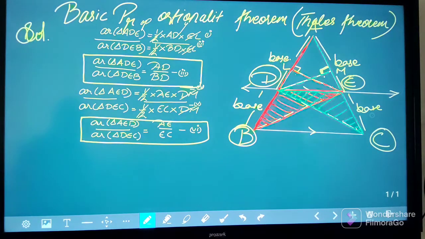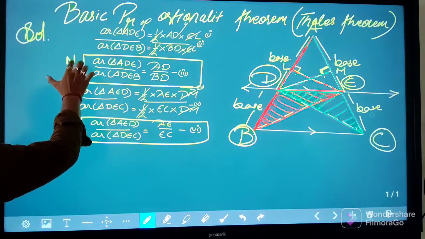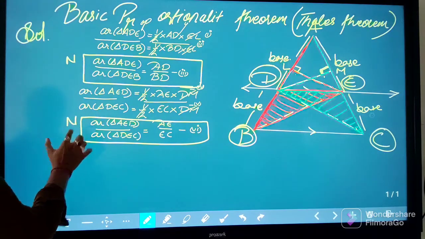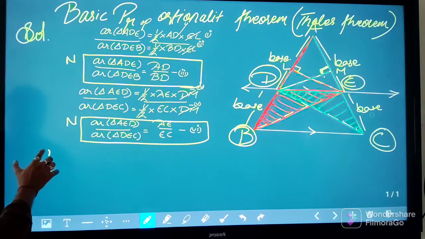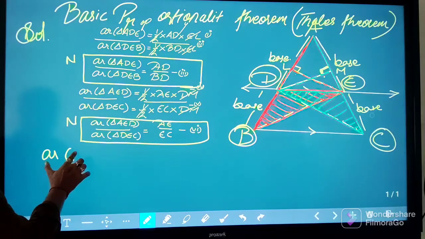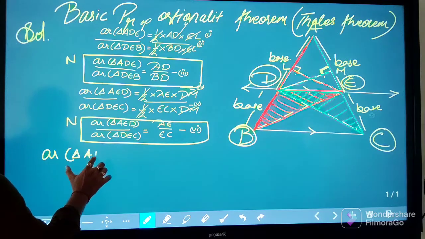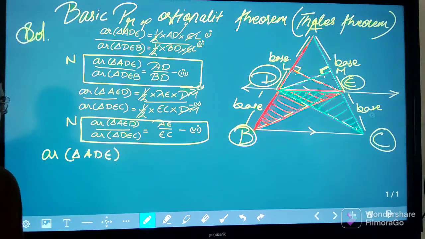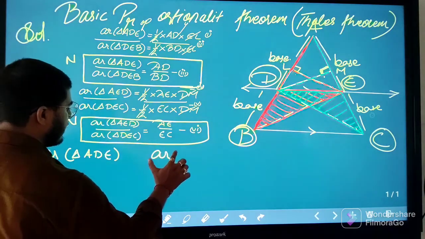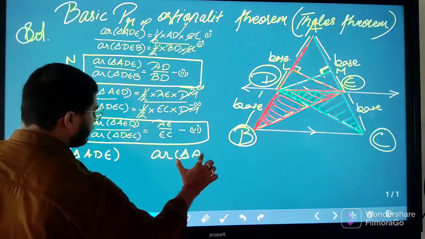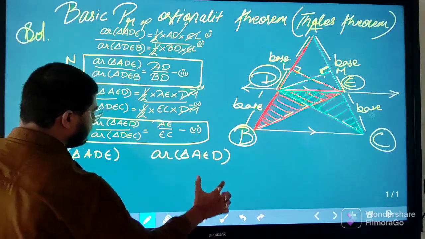Now in these two important results, what you can say about the numerator? The numerator here is, in the third one is area of triangle ADE. Am I correct? And in the sixth one, the numerator is area of triangle AED, if we are talking about the left hand side.